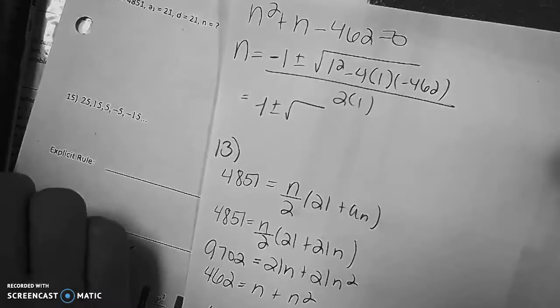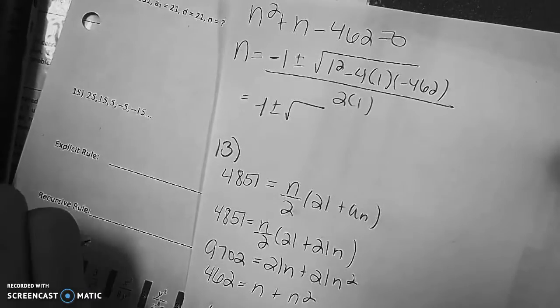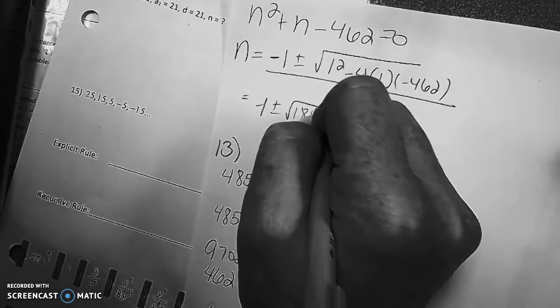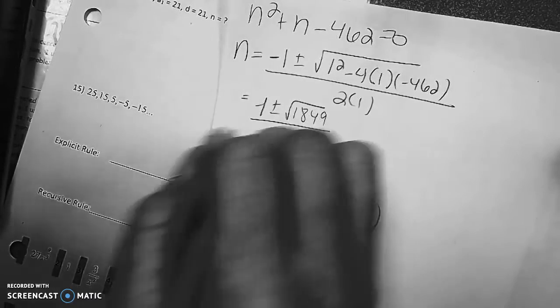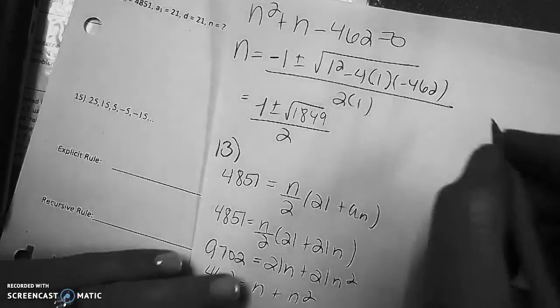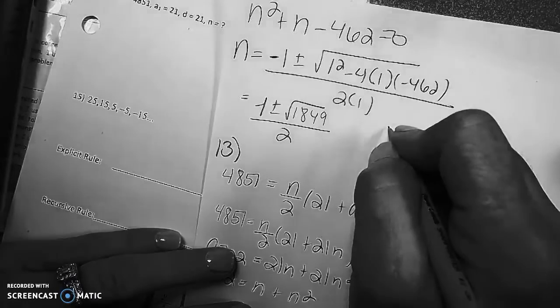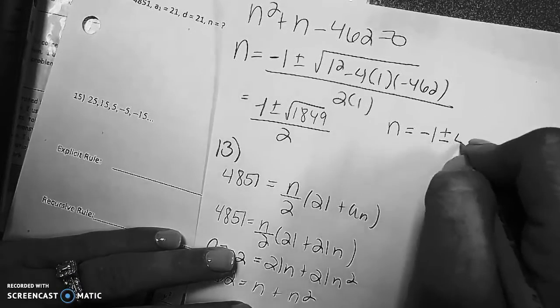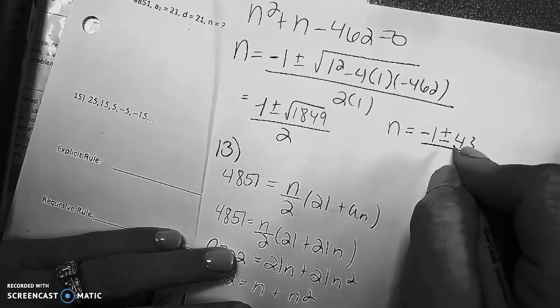Let's go ahead and simplify what's under that radical. So I'm getting 1,849. And then I end up getting n would be negative 1 plus or minus 43 over 2.